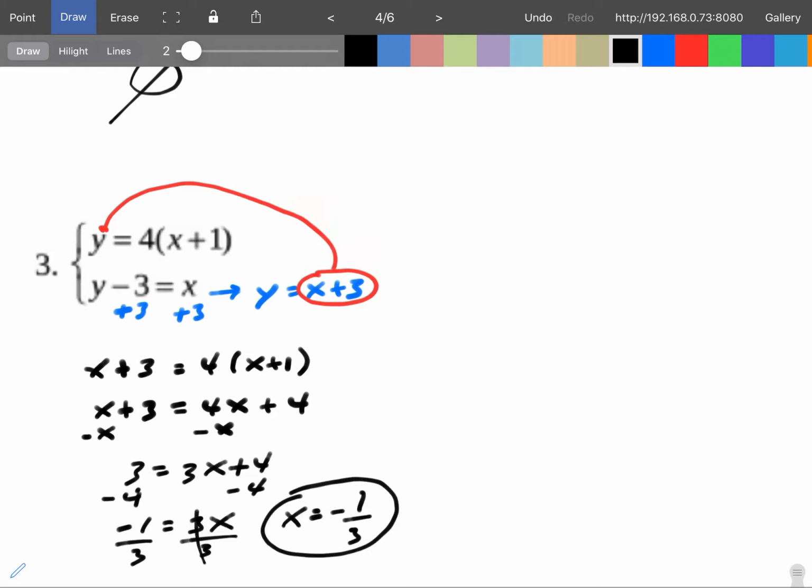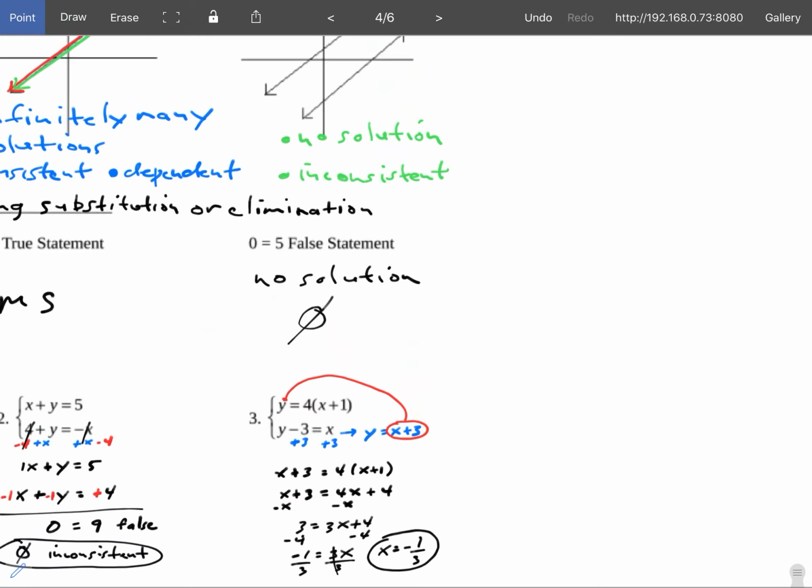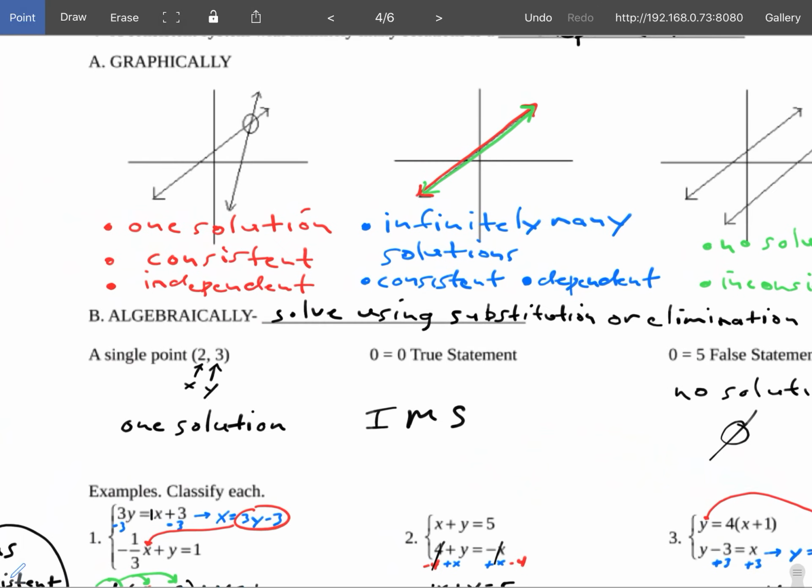Now, normally on these you go back and solve for y, right? But since we're classifying them, technically you could stop right here. Because when you got x equals negative 1/3, the solution would actually be an ordered pair. You'd have to go back and plug that in to find y. But right now, we know there is one solution.